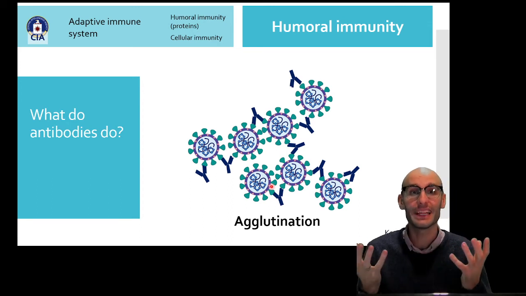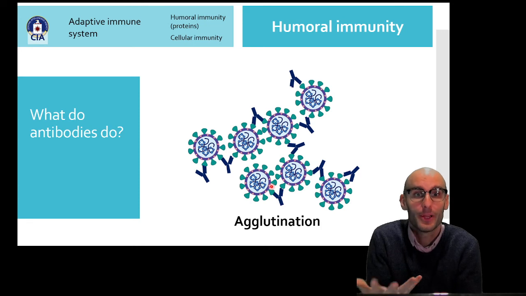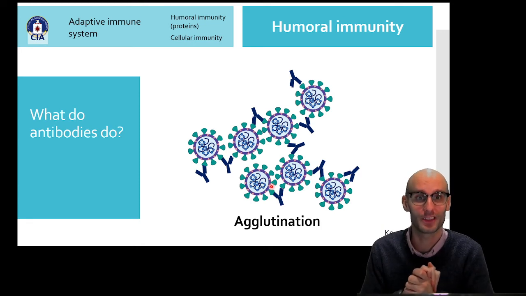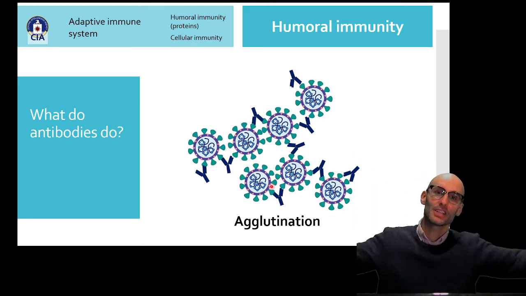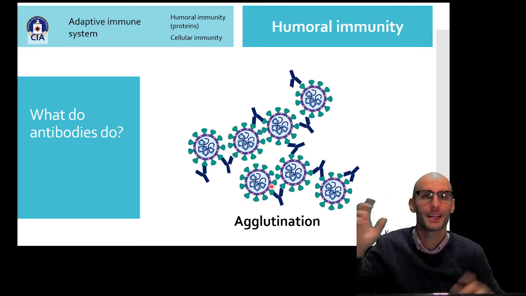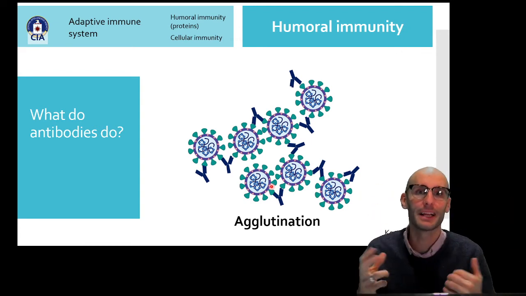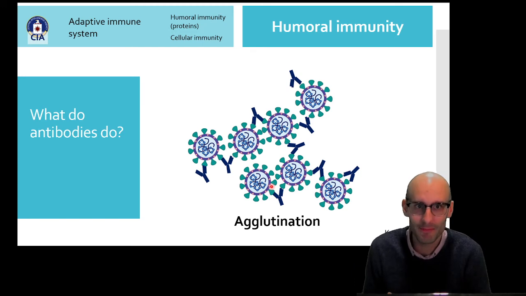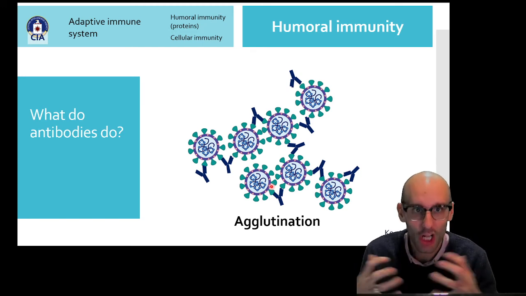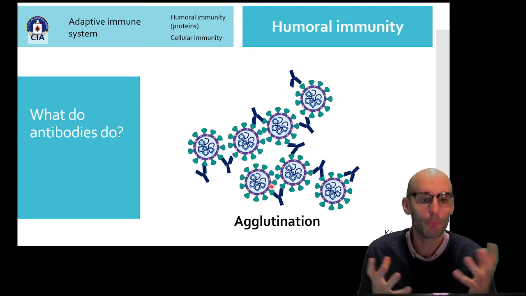It makes them very easy to phagocytose with the innate immune system coming in and just gobbling up these chunks of pathogens, and it prevents the pathogens from flowing all throughout the body, right? It clumps them together, disabling them, neutralizing them, gluing them together, agglutination, preventing them from being pathogens.